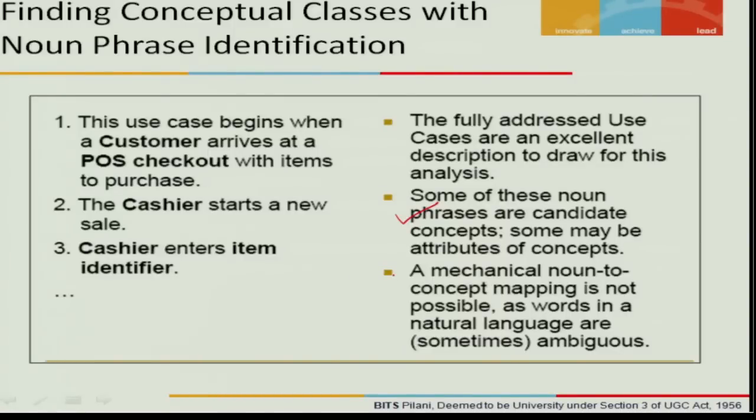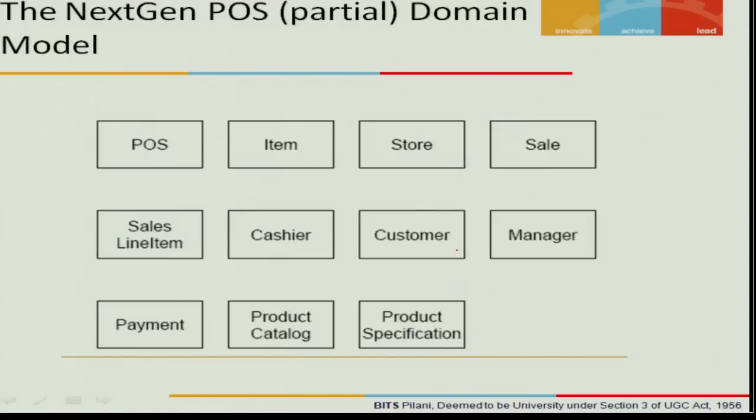Remember that the mapping from noun phrase to domain concept is not possible mechanically, one-to-one. You need to use judgment on whether a noun is really an attribute or a domain concept. Then you can come to a conclusion about which are the domain concepts in your system. The domain model can be drawn at a scenario level, for example only for the process sale scenario, or at a system level also.